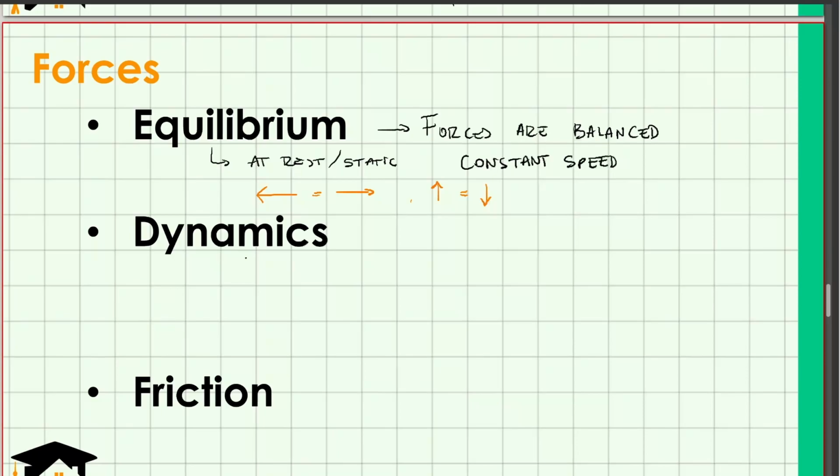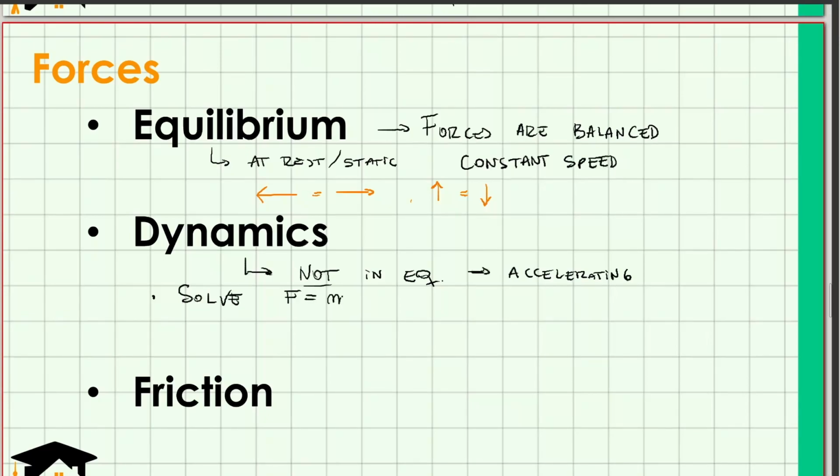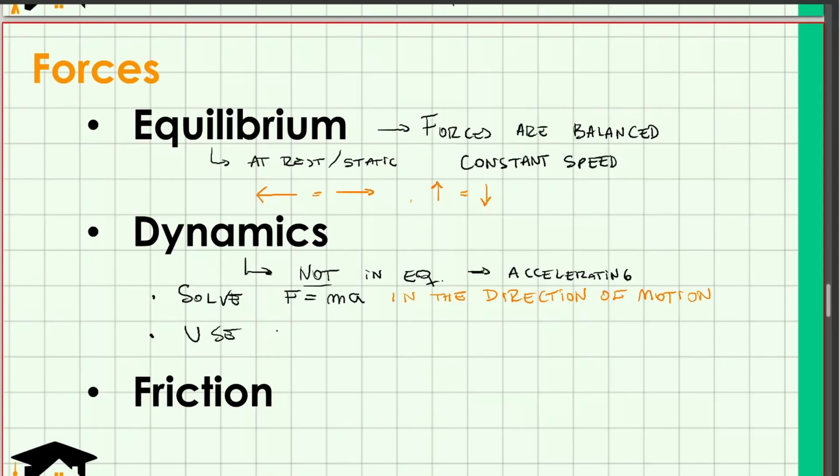We can also get dynamics, and here we are not in equilibrium. So this means that the system is accelerating. So for this, what we have to do is solve F equals ma in the direction of motion, or if we're working with vectors, then use F equals ma, but now with F being equal to R. And what is R?